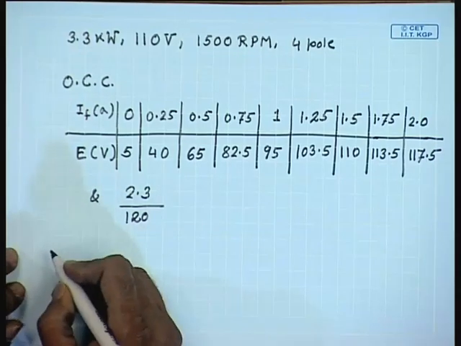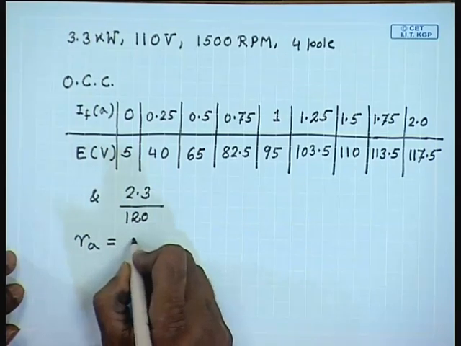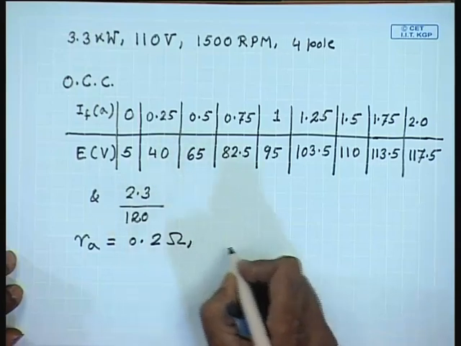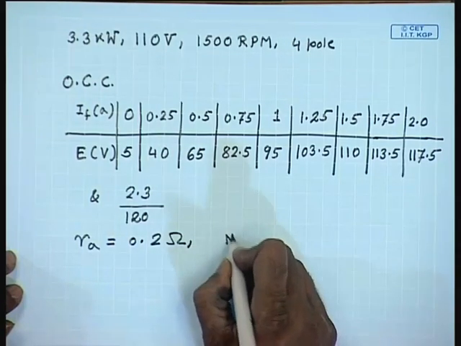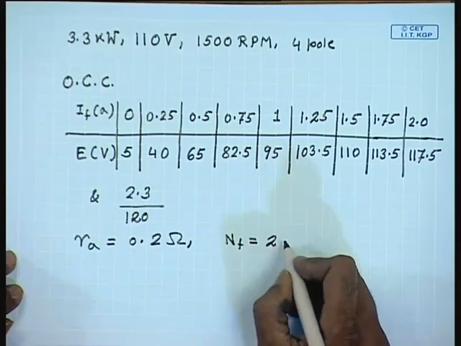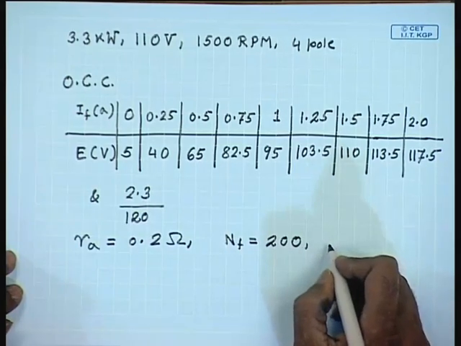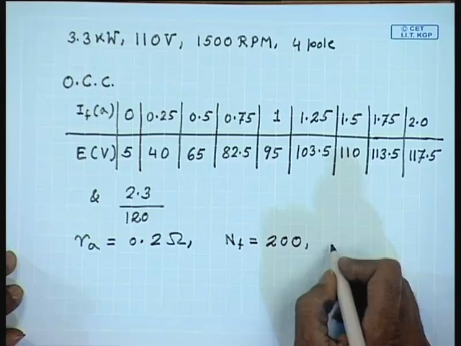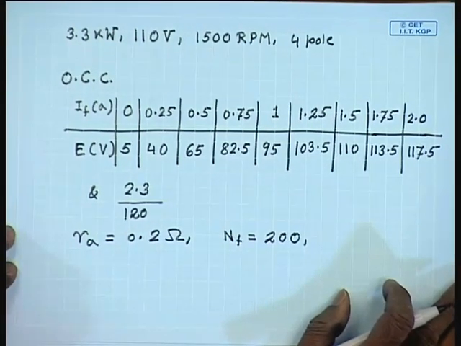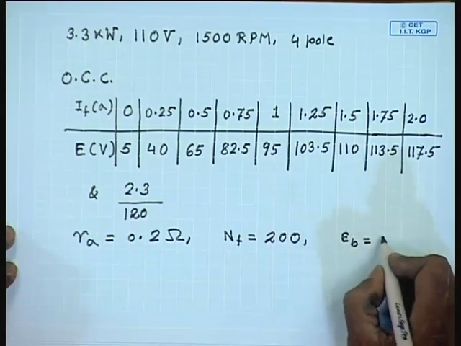The armature circuit resistance is Ra equal to 0.2 ohm. Number of field turns Nf equal to 200. Eb equal to 2 volts.